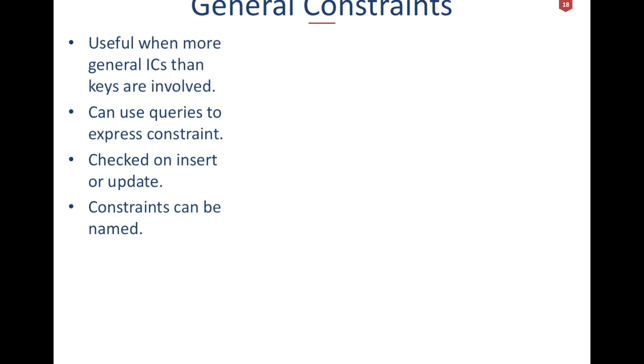Another constraint: we saw the domain constraint and the referential integrity constraint. Now, general and primary key constraints. General constraints are useful when more general integrity constraints, more than keys, are involved.